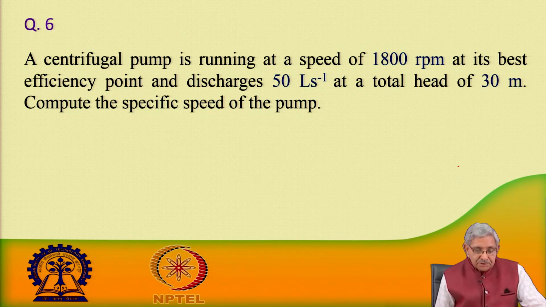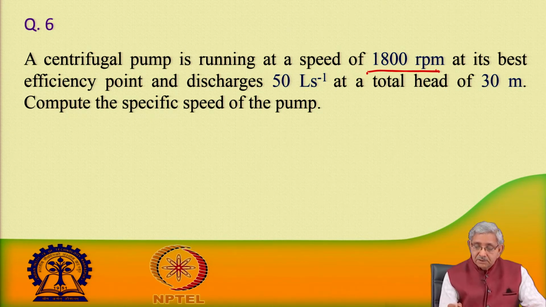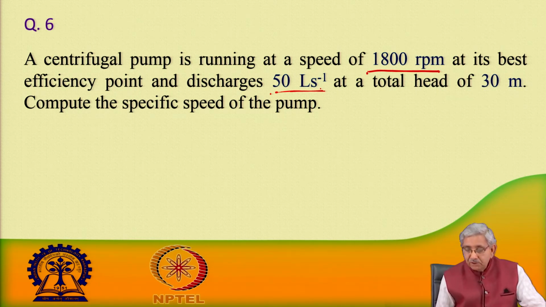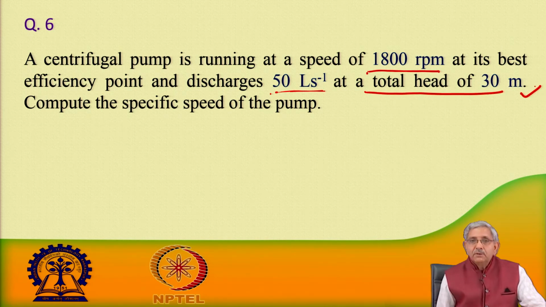Now, in question 6 we are given a centrifugal pump which is running at a speed of 1800 rpm at its best efficiency point and discharges 50 liter per second, with a total head of 30 meter. We are required to determine the specific speed of the pump.